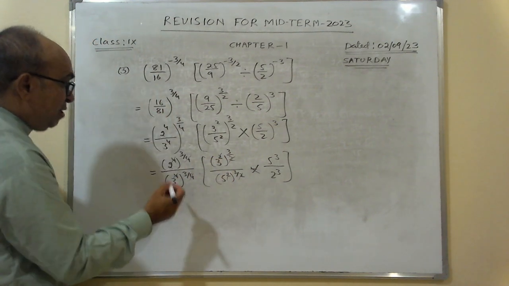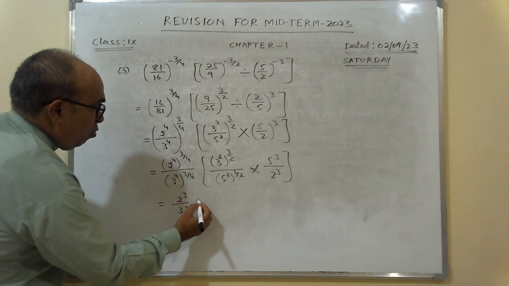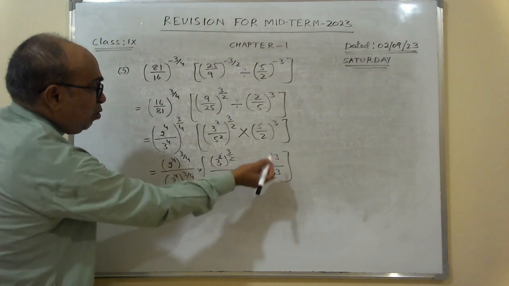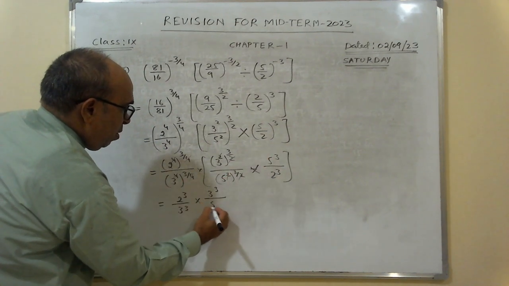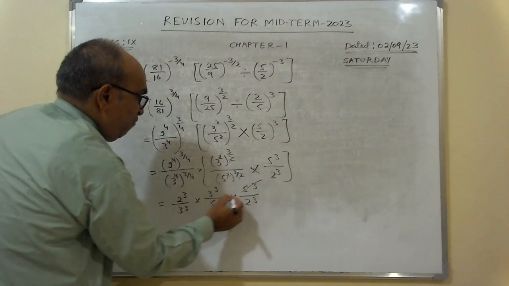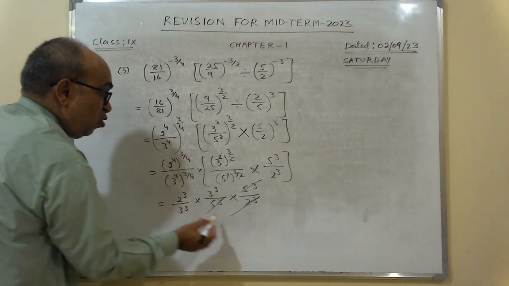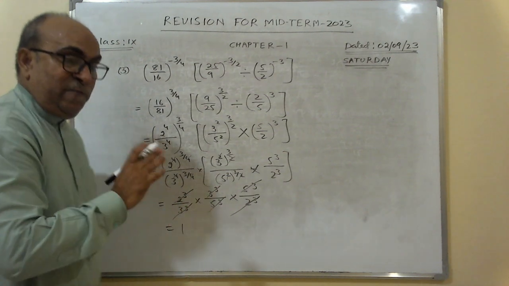So it is 2 cube by 3 cube, all are multiplication. This is also multiplication. So you can open this square bracket. 3 cube, 5 cube, here 5 cube, 2 cube, 5 cube, 5 cube cancel, 2 cube, 2 cube cancel, 3 cube is cancelled by 3 cube, answer is 1.